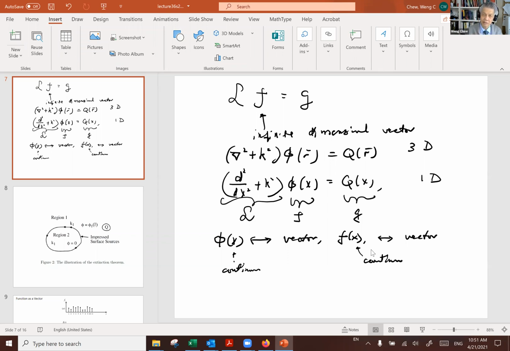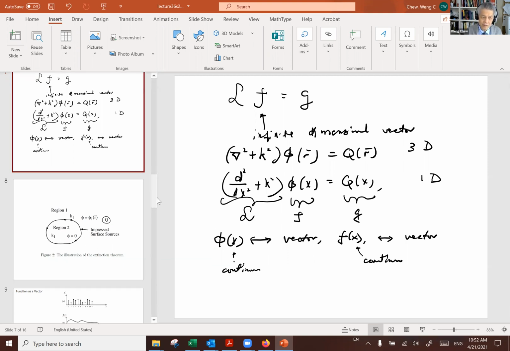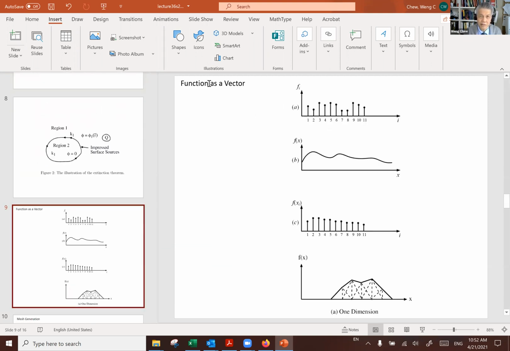So when we need to communicate with a computer, what we need to do is to think of function as a vector but being discretized. Like in signal processing, if I have this function, I can digitize it. I can actually sample this function at given locations and feed the computers only these values in digital signal processing.